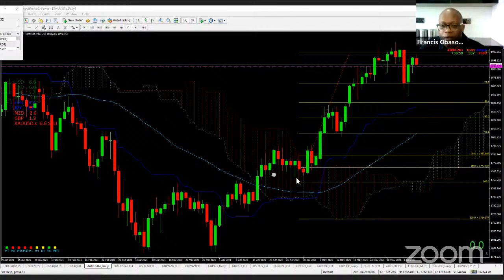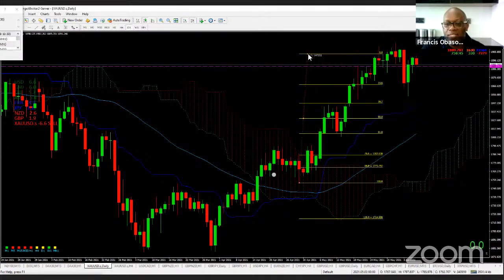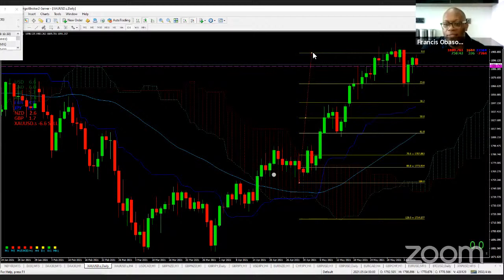So I would draw my Fibonacci from here, and it pulled back to not even quite 38.2%, which suggests it's a strong trend. As you can see there, it did not even get to 38.2. Of course, it didn't touch 50%. Neither did it touch the golden ratio of 61.8. So I believe this is a trend which is definitely going to carry on up.